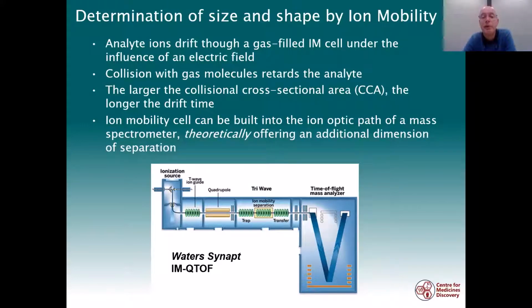So it's built into the ion optic path. And in theory, having an ion mobility cell will give you an additional data dimension and an additional separation dimension. I say in theory.